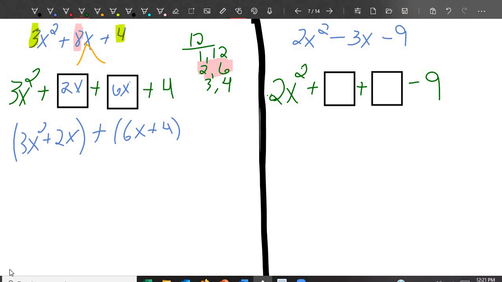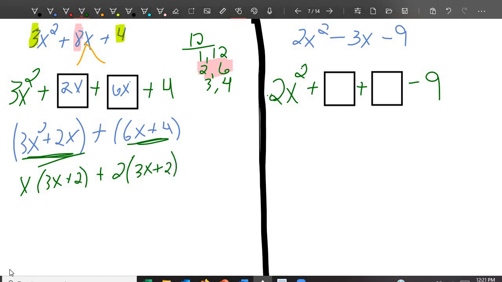Now we're going to factor out the GCF. In this case, the GCF is just an x. Factor out the x, and we're left with this. The second parentheses, we can factor out a 2. They're both divisible by 2. So we'll get 3x. Whoops, fix that. We'll get 3x plus 2.